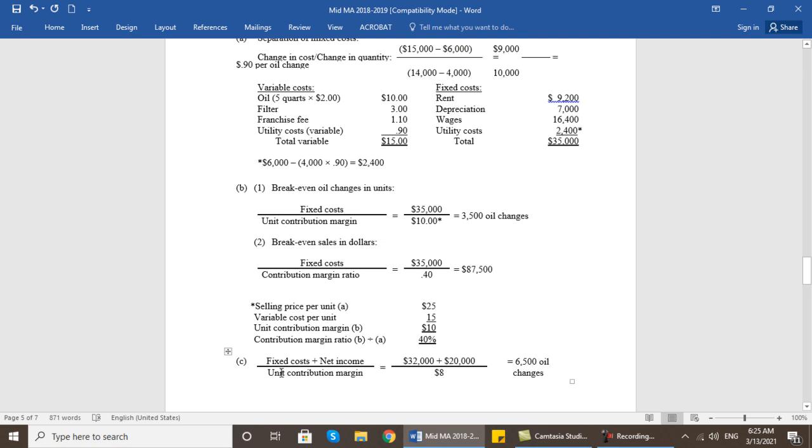We calculate the number of oil changes to reach net income of 20,000. So in the new situation, fixed cost, assume it's 32,000, plus required net income 20,000, divided by the given unit contribution margin $8, equals 6,500 oil changes.